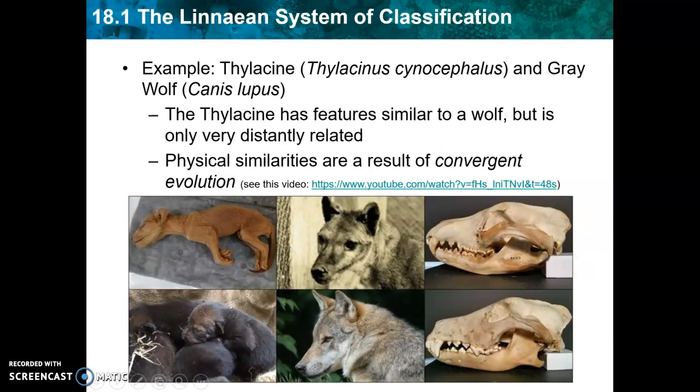They have a similar type of environment and behavior within that environment, an elongated nose to help with that sense of smell. And if you're interested in more information about the thylacine, there's a really cool YouTube video here about how it's closely similar to a wolf in terms of appearance, but that's just because of convergent evolution, not shared ancestry.